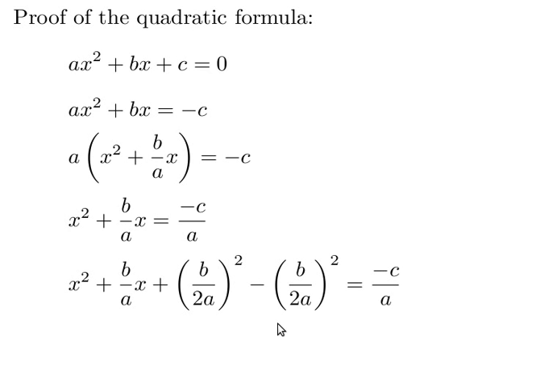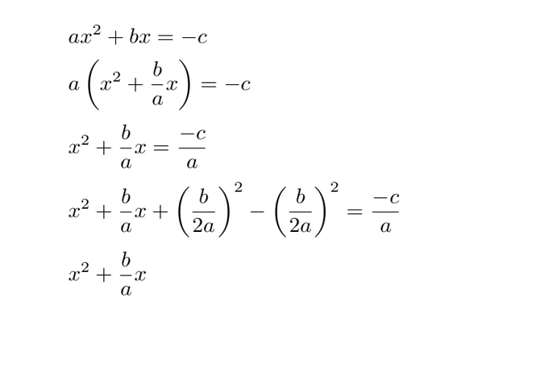So that means we're going to have x squared plus b over a times x. You know what? I'm going to go ahead and put parentheses around the b over a just because that might be easier to distinguish it.